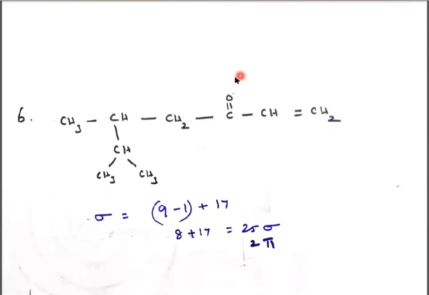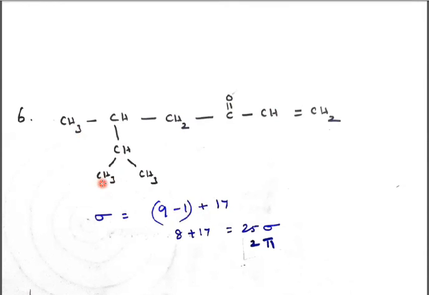Next example. CH3, CH single bond CH, CH3, CH3, CH2, C double bond O, CH double bond CH2 is a question for you. So just count the number of carbons. 1, 2, 3, 4, 5, 6, 7, 8, 9. So 9 minus 1 plus other than carbon atoms.